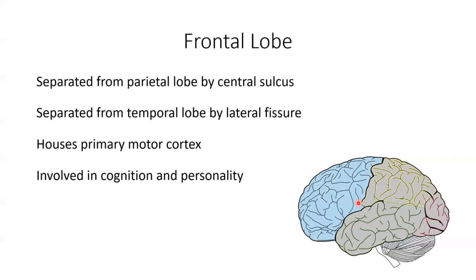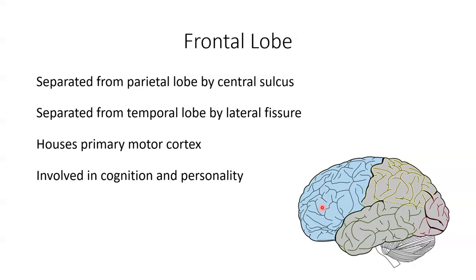And the primary motor cortex is the region of the brain where all nerve impulses that voluntarily innervate skeletal muscle arise from. So every time we make a voluntary muscle contraction, the nerve impulse arises from this part of the brain.